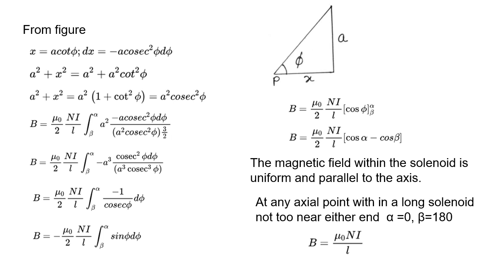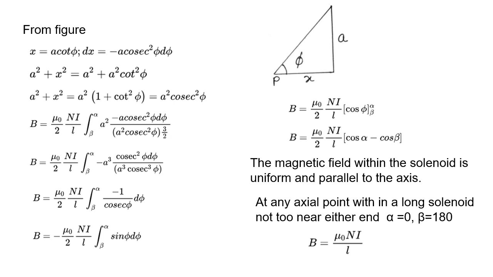On further solving, B equals μ₀/2 (NI/L) integration β to α of minus 1/cosec φ dφ. This gives you B equals minus μ₀/2 (NI/L) integration β to α of sin φ dφ. On integrating this equation, B equals μ₀/2 (NI/L) cos φ with limits β to α, and B equals μ₀/2 (NI/L) (cos α minus cos β).